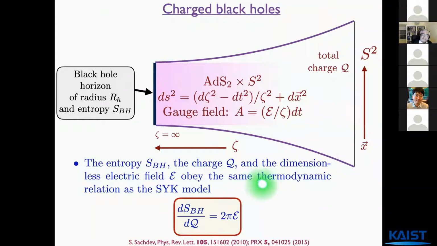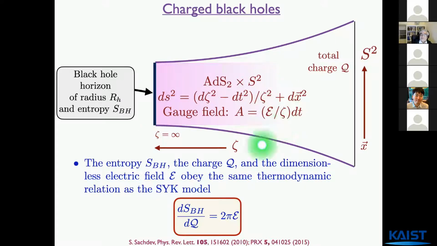If you take this metric and look at its behavior right near the horizon, then it's AdS2 cross S2. This is the S2 part, and this is the AdS2 metric. There is an electric field coming out, and the strength of the electric field is just given by Gauss's law. The net charge inside must be Q, and that determines E. The same number E, as we'll see, plays the same role.